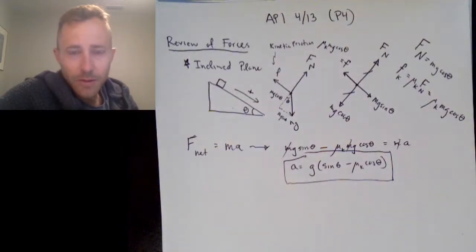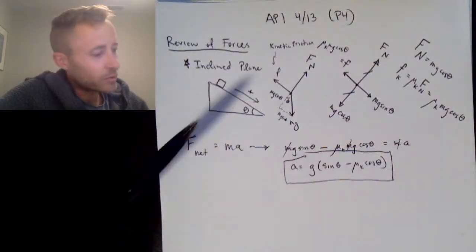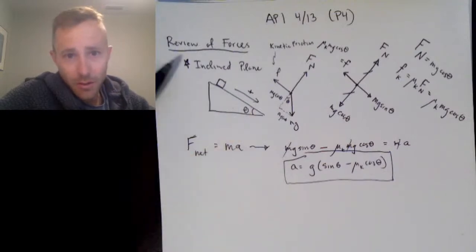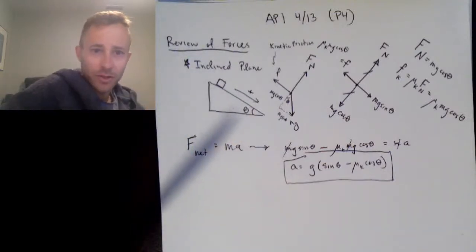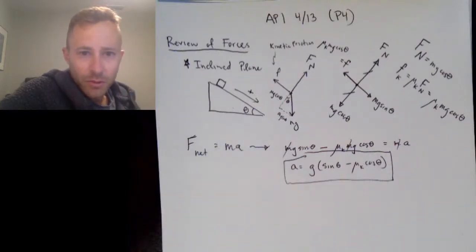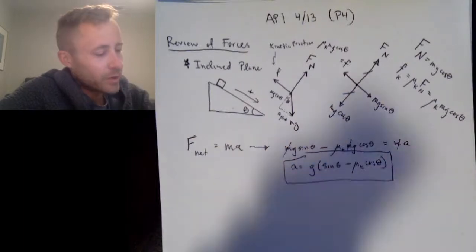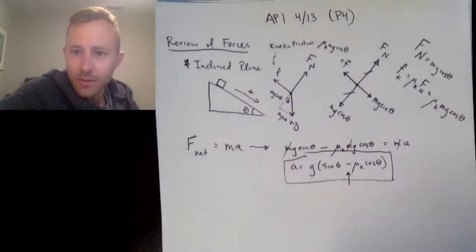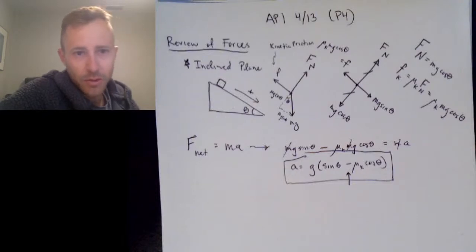If the object was sliding up the incline, for example if you kicked it up the incline, then that would reverse the direction of friction, because friction is always opposite the motion. So that would cause this negative sign to become a positive sign. That's one thing that can happen.